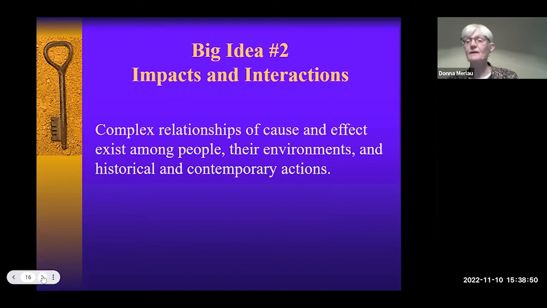Climate change, when we talk about that, and you talk about the industries that developed in the 1800s, is one of those historical situations that modified the land that has a contemporary impact.